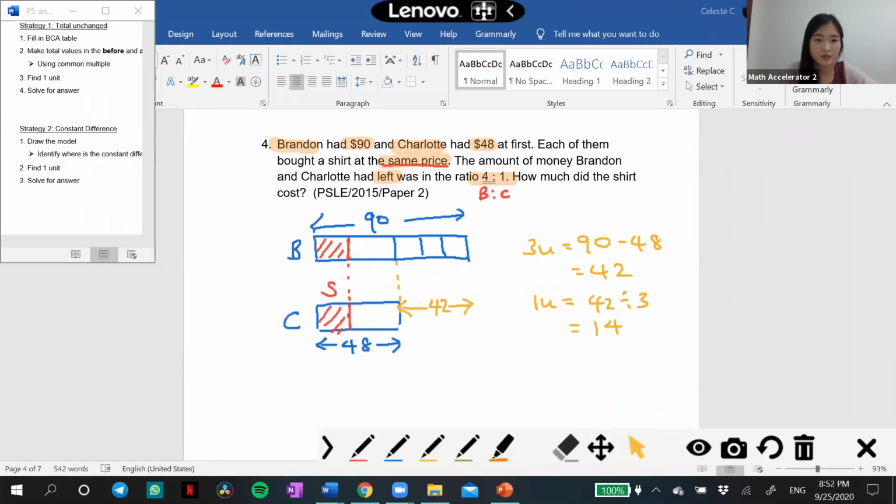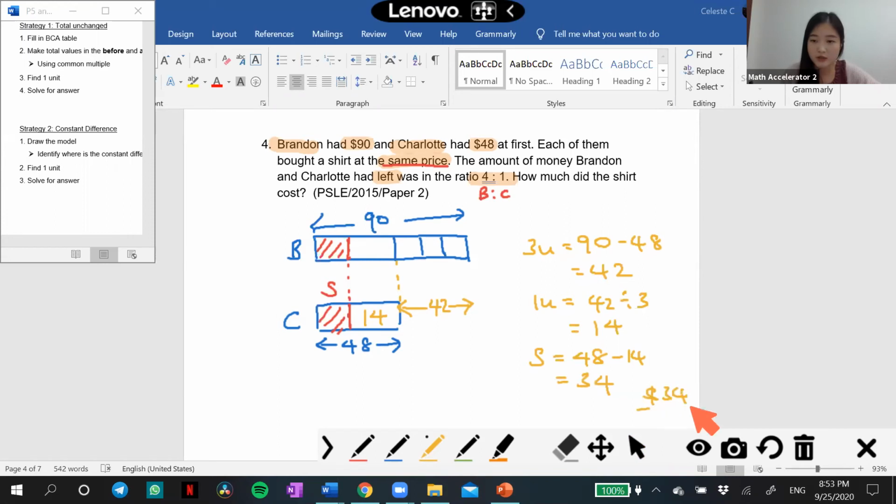Okay, so what is the correct answer? The majority of you chose $34, right? Is that the answer? Let's check. So the shirt is this red portion here, and we know that 14 is 1 unit here. So your last step to find the shirt is taking 48 minus 14, which is 34.